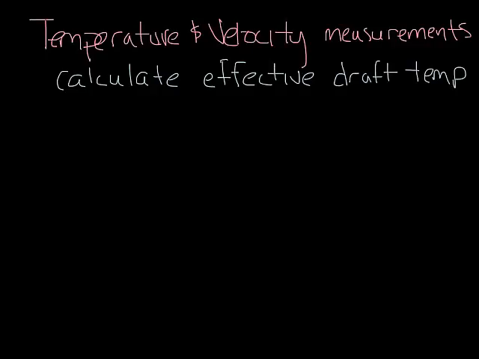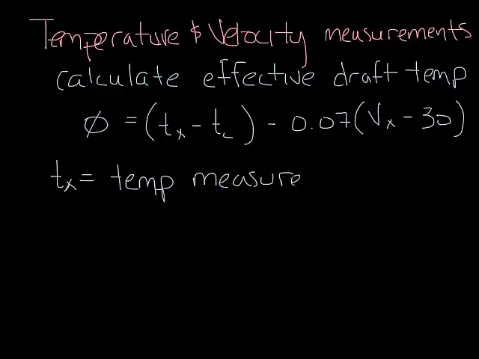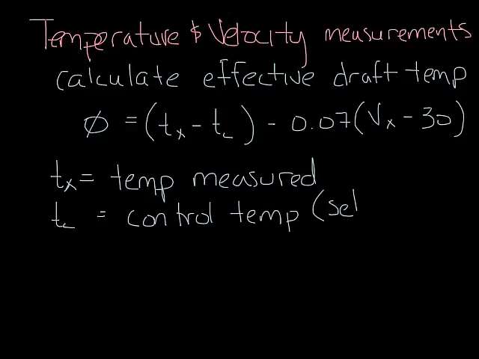The effective draft temperature is calculated with this equation. The effective draft temperature equals Tx minus Tc minus 0.07 times Vx minus 30. In this equation, Tx equals the temperature you measured. Tc is the control temperature or your set point, let's say 75 degrees. Vx is the velocity you measured.